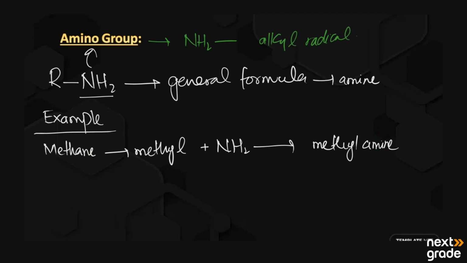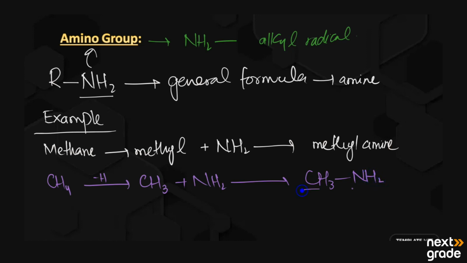The formula: methane is CH4. By removing one hydrogen, we get the methyl, CH3. Now by adding the amino group, we get CH3NH2. So its name is methylamine.